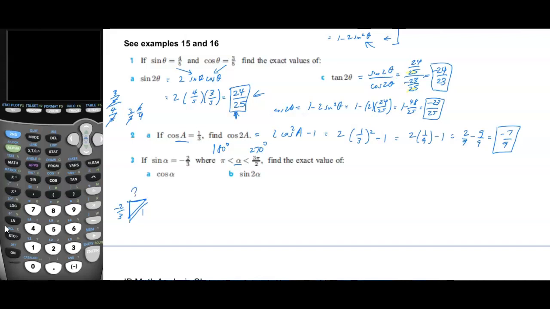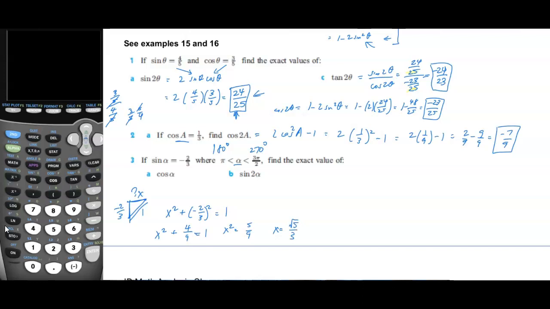We could use the Pythagorean theorem, right? The Pythagorean theorem for this triangle would be, let's call this x, so x squared plus negative 2/3 squared equals 1 squared. So that would be x squared plus 4/9 equals 1, x squared equals 5/9, x equals square root of 5 over 3.